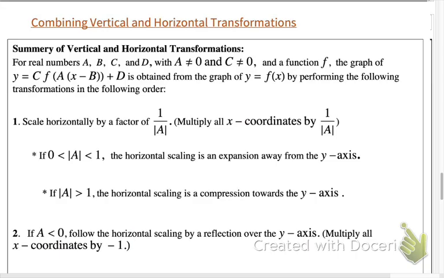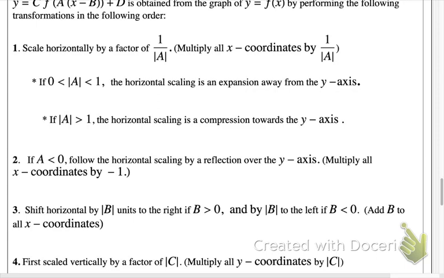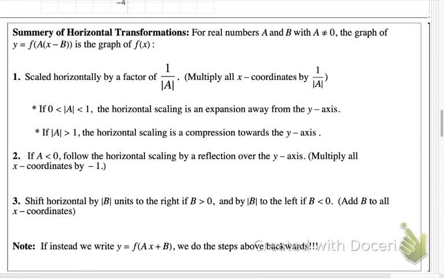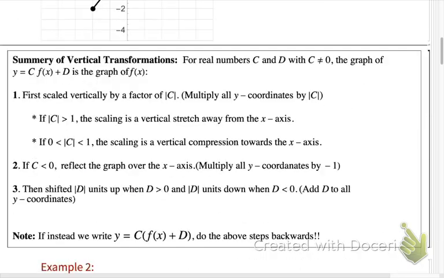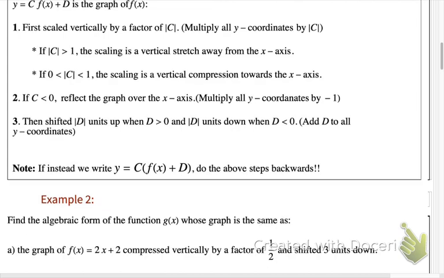All right, so a summary of transformations. Now, all I've really done to summarize the general form of a transformation and the effects of A, B, C, and D is I have literally just taken the 3 steps from the summary of horizontal transformations, and I have added on the 3 steps in my summary of vertical transformations.